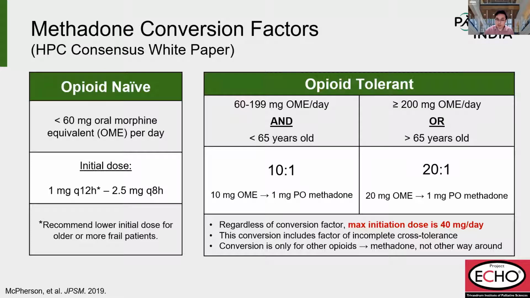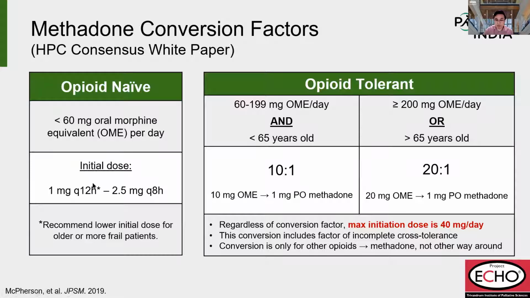For patients that have not been on many opioids, the consensus is it would be reasonable to do initial dosing anywhere from 1 milligram every 12 hours, or 2 milligrams per day in total, up to 2.5 milligrams every 8 hours. So a maximum of 7.5 milligrams a day.